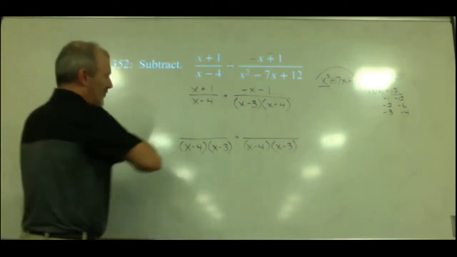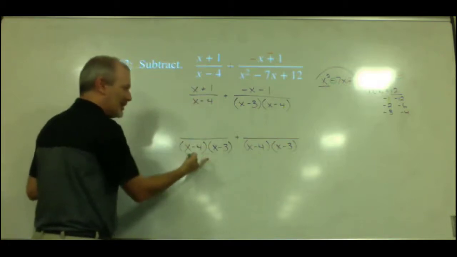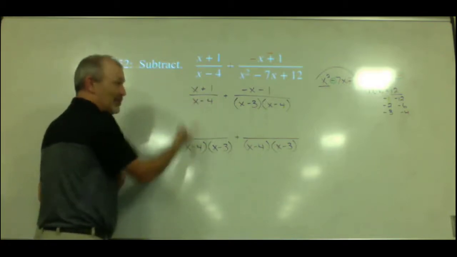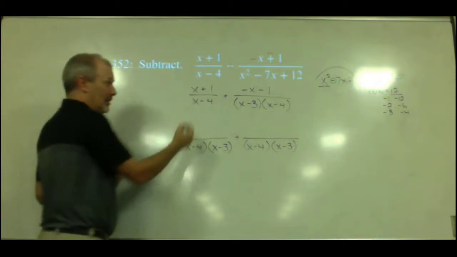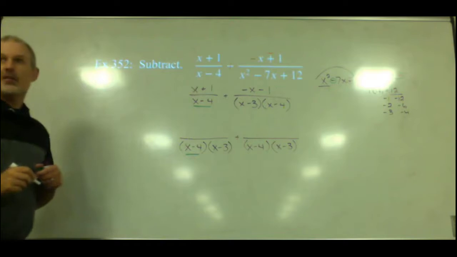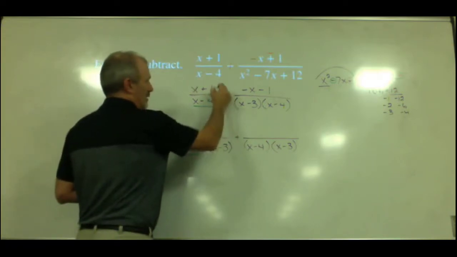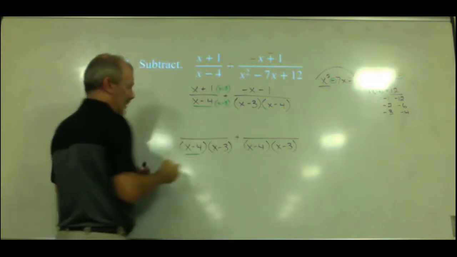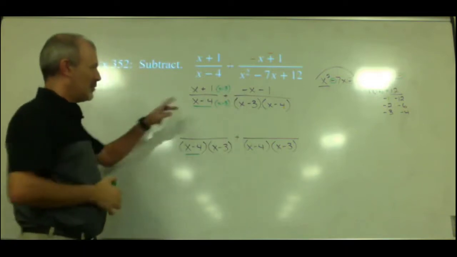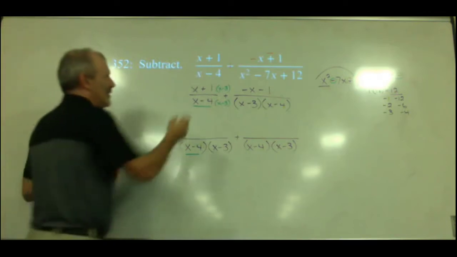So looking at this first fraction, if this is our denominator and we need to turn it into this, what are we going to have to multiply by? Because we've already got this, right? We have to multiply by x minus 3, top and bottom. Let's go ahead and multiply it out.